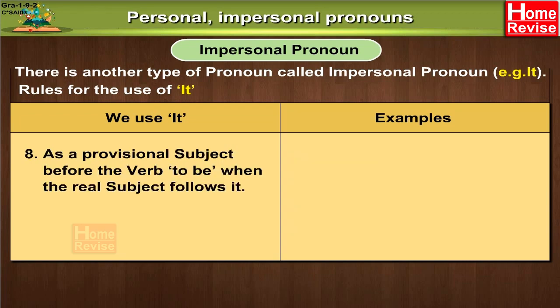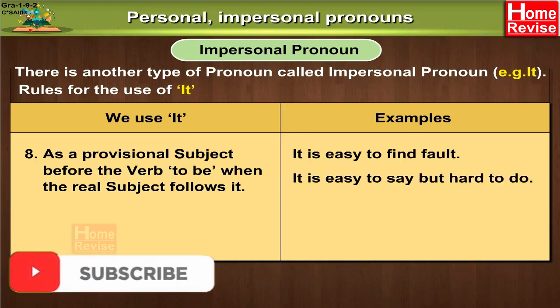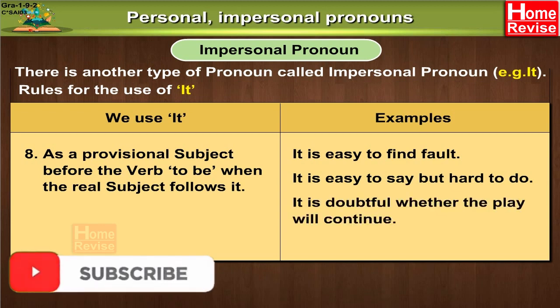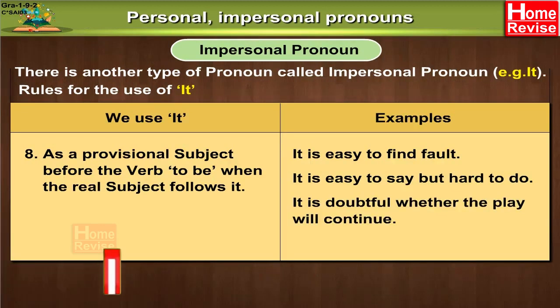8. As a provisional subject before the verb to be when the real subject follows it. Examples, it is easy to find fault. It is easy to say but hard to do. It is doubtful whether the play will continue. Possessive pronouns.